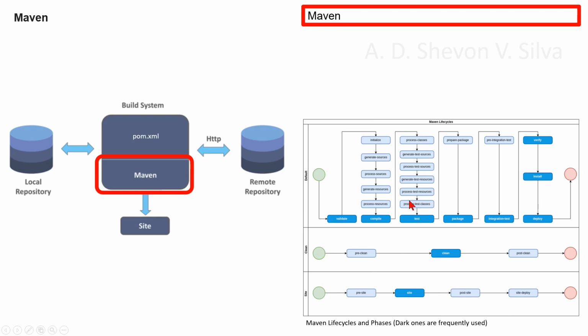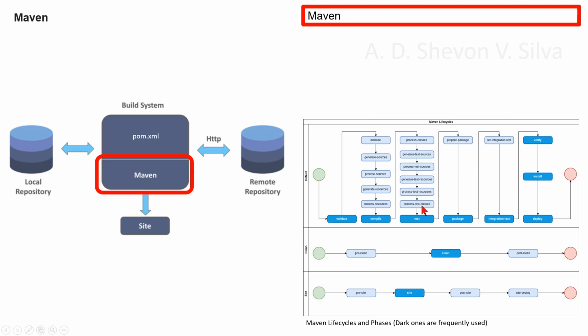So in this diagram, one phase is missing, called test-compile, after process test resources. In test-compile, compile the test source code into the test destination directory.